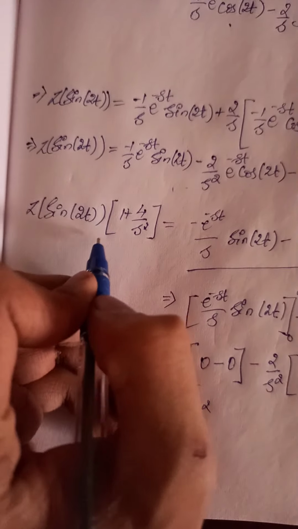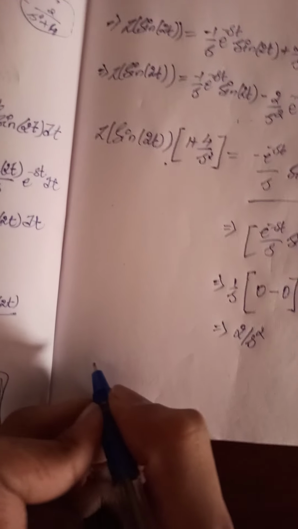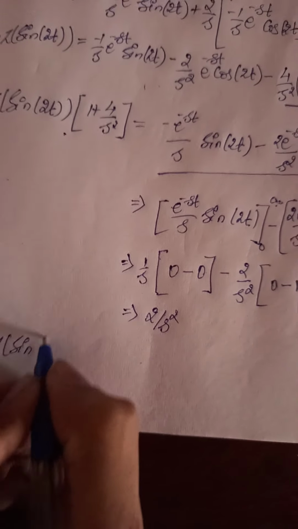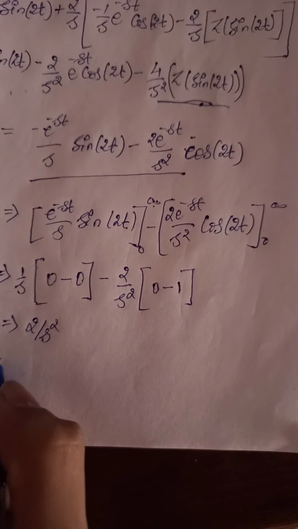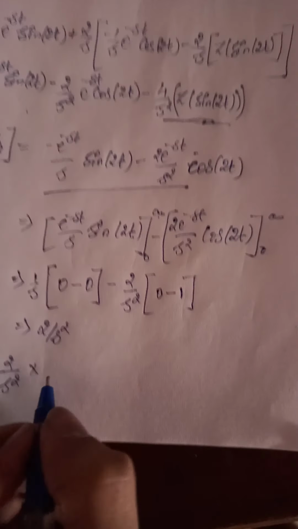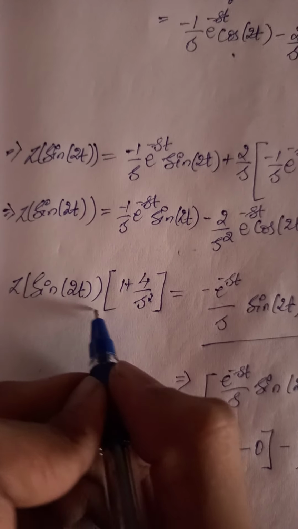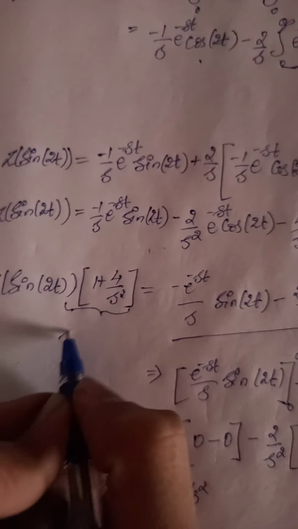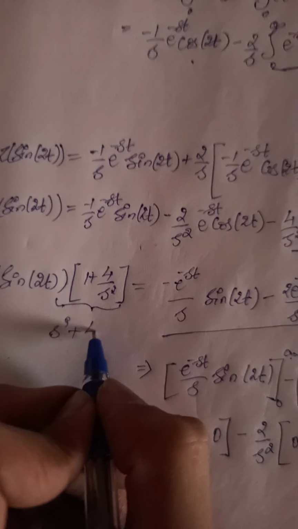Now these both are equal, that's what we have solved. So we equate these both. So we have Laplace of sine 2t equals 2 by s square into, this is nothing but s square plus 4 by s square.